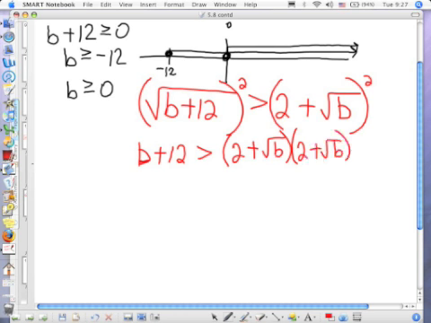All right? First times first is 4. Your outer terms give you 2 square roots of b. Your inner term gives you 2 square roots of b. Can you add those together? So you have 4 square roots of b. And last times last is b.